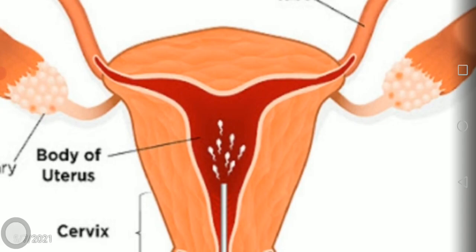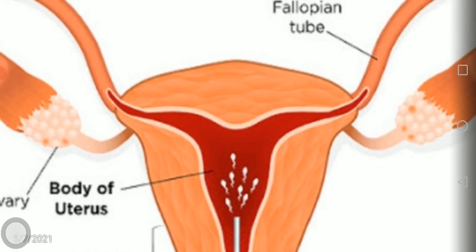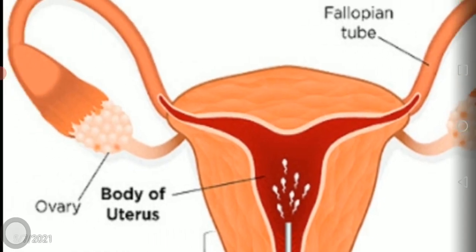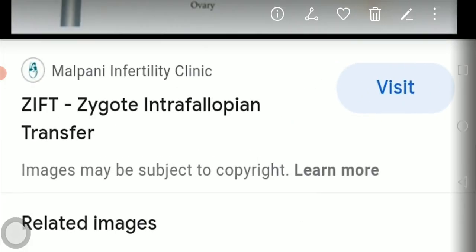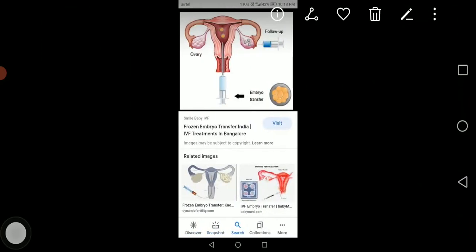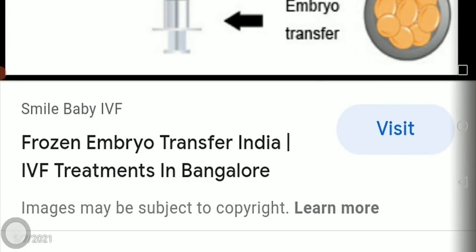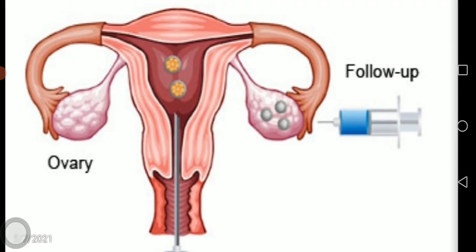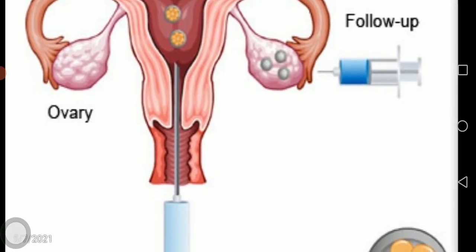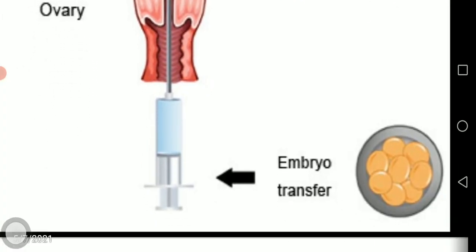That is what we call IUI. The semen is collected either from the husband or from a healthy donor and is introduced into the uterus through the vagina by a catheter after stimulating the ovaries to produce more ova.